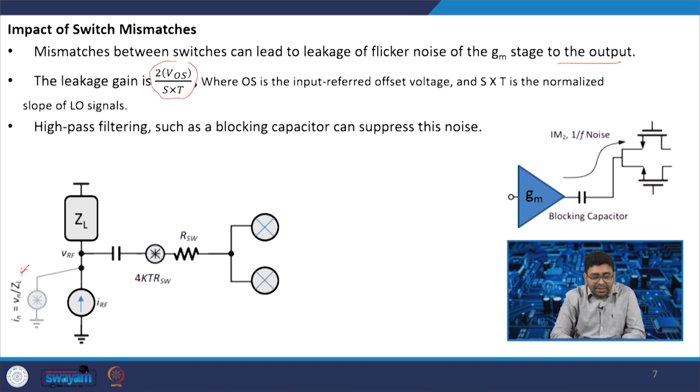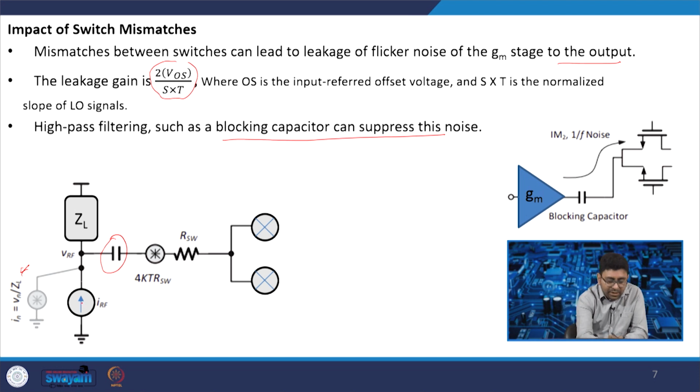High pass filtering such as a blocking capacitor can suppress this noise. So, this noise, which is generated by the GM stage, can be suppressed by adding a blocking capacitor, which we are already using for DC blocking.